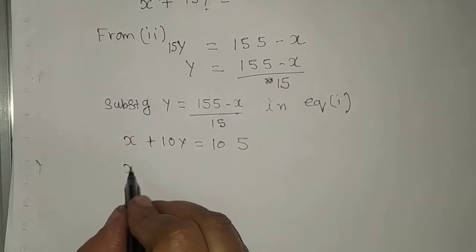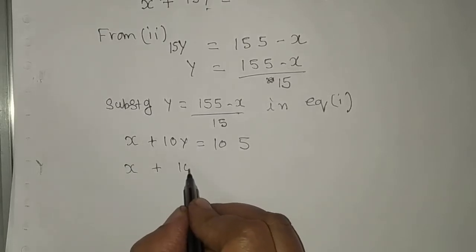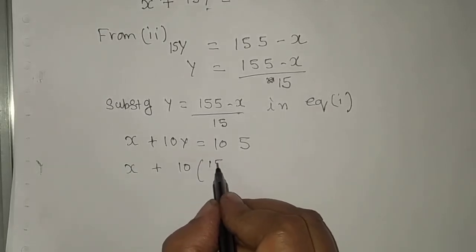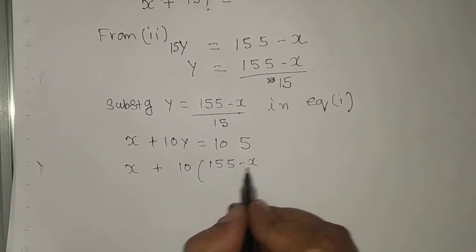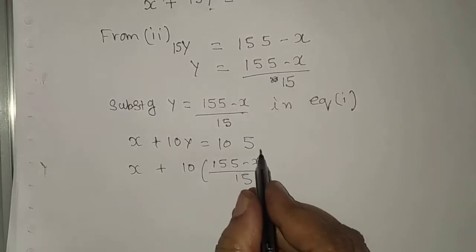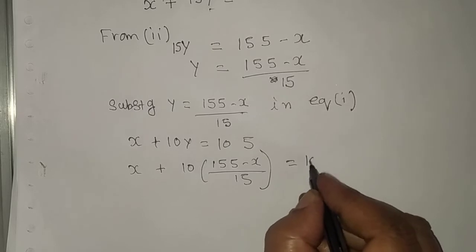Substitute for y: x plus 10 times (155 minus x) by 15 is equal to 105.